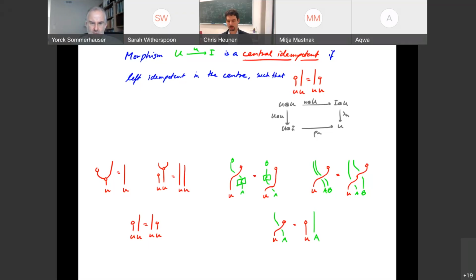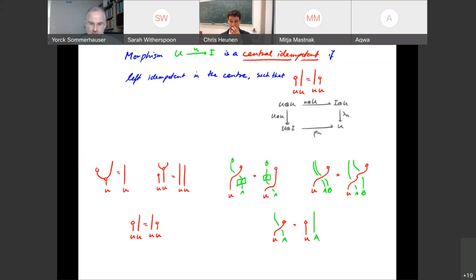It goes to the unit object after all. What they're supposed to say is that the object, big U, with no little u involved, carries a half braiding. Oh, I see. So this is the identity morphism then, not the morphism little u. Yes. Okay. Sorry, that's my bad. That's very confusing, of course. I'll correct that. That's fine.